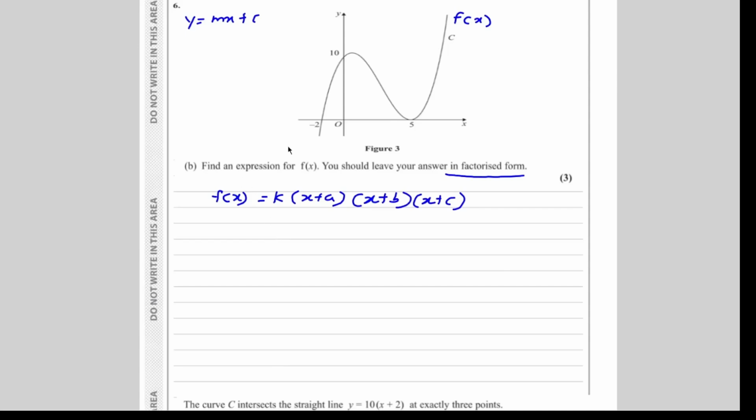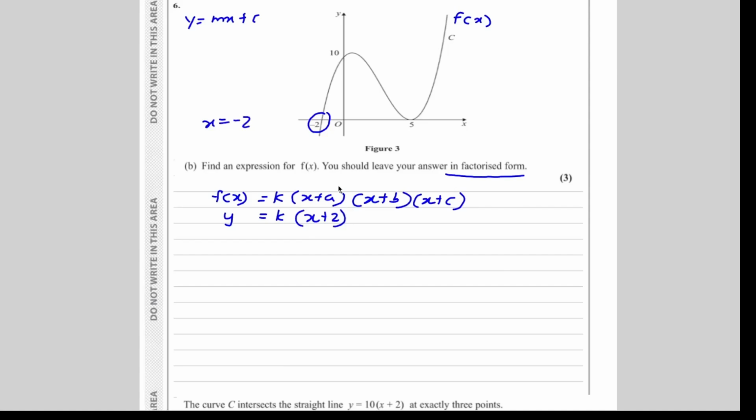So now we know what the factors are. Let's substitute the values of these factors into a, b, c. Instead of f of x, I can replace y there. K, we don't know what the value is. For x plus a, I know that one root here is minus 2, so I have to reverse it. I can write x plus 2, and only then am I getting x equals minus 2.